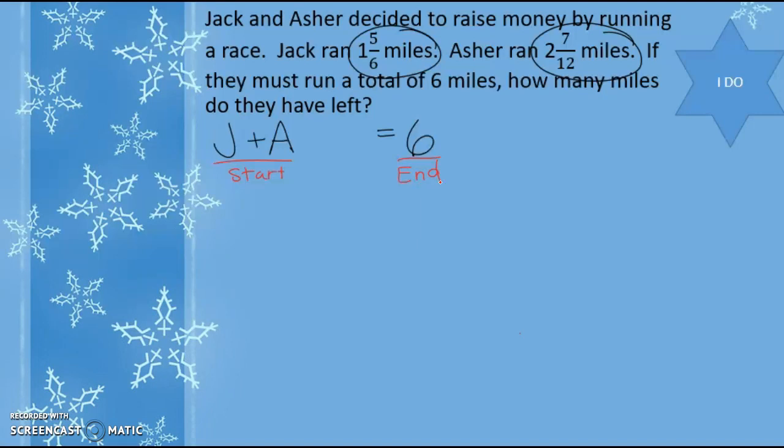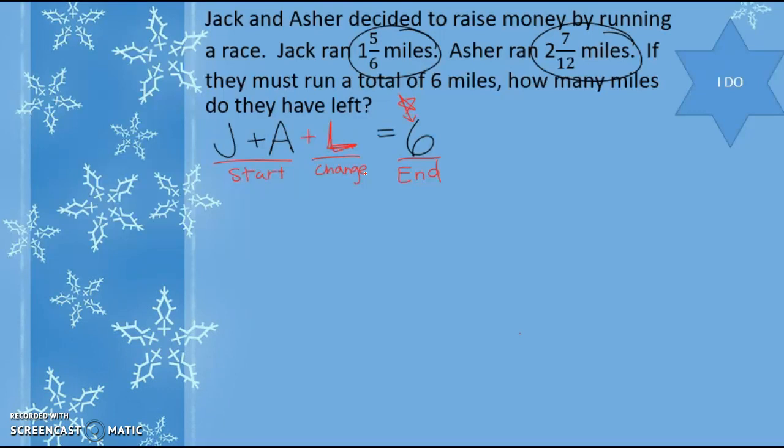But what we don't know is how many miles they have left before they get to the total. But what we do know is if we add what's left, we're going to call that L. If we add what's left, we'll call this the change, we'll get to 6 miles if we add what they have left.